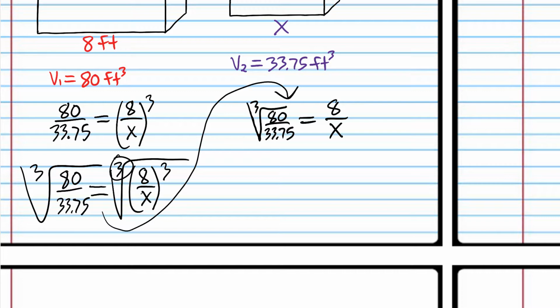Now it's very important that you do this correctly in your calculator. We haven't done this before, so you have to do 80 divided by 33.75. So do that first. 80 divided by 33.75 equals.